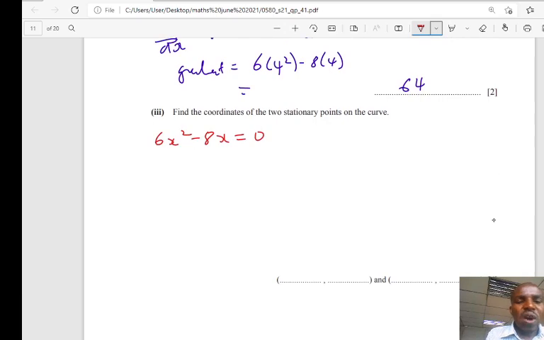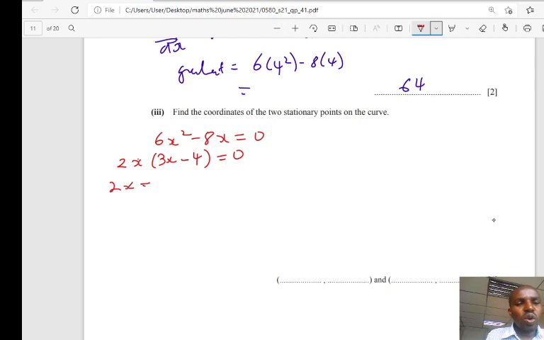Then you factor out x, or even factor out 2x. You'll be left with 2x(3x minus 4) equal to 0, because 2 into 6 is 3x squared, x, 2 into 8 is 4, then x comes out.